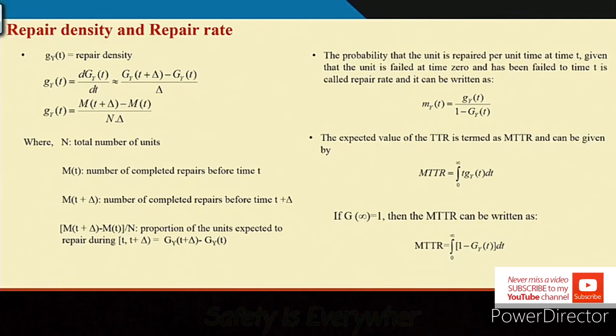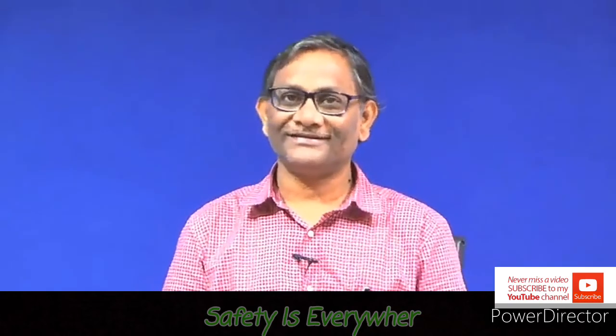Then we saw the repair density, then the repair rate, and finally the performance measure, mean time to repair. I hope you have understood all this, because it is similar to the failure distribution.